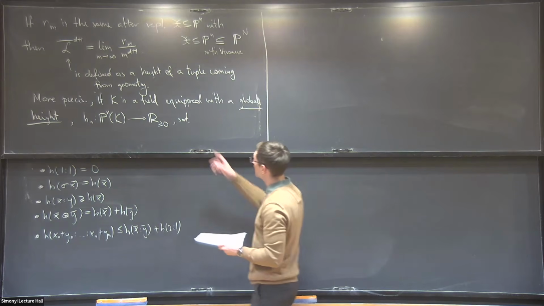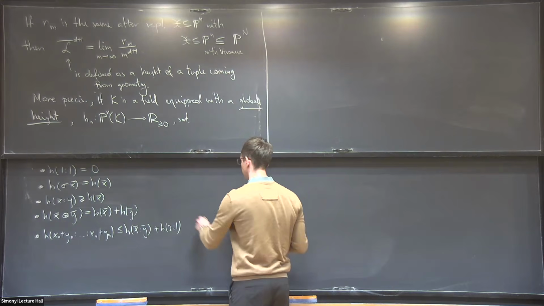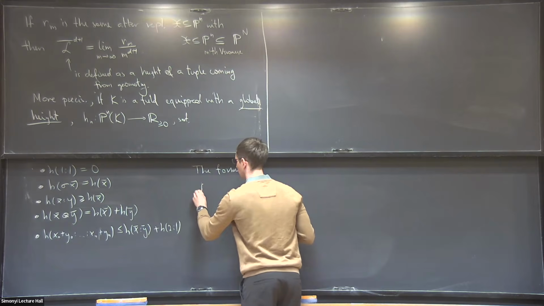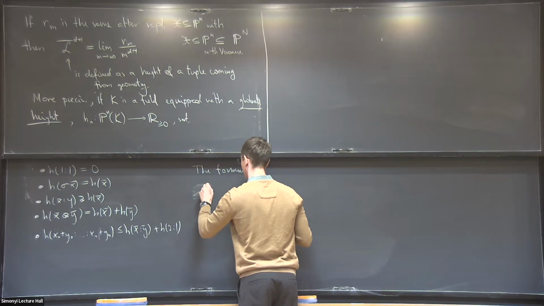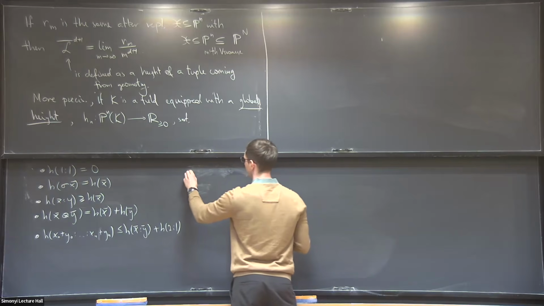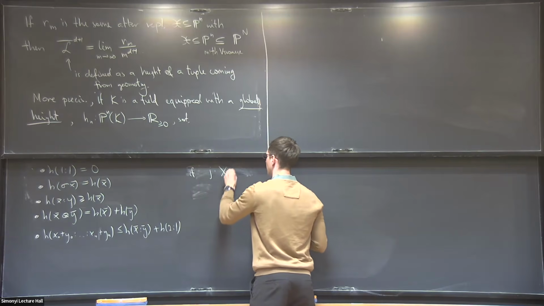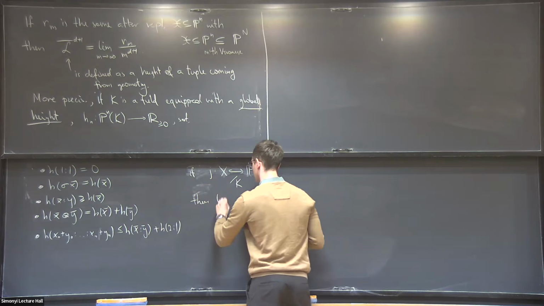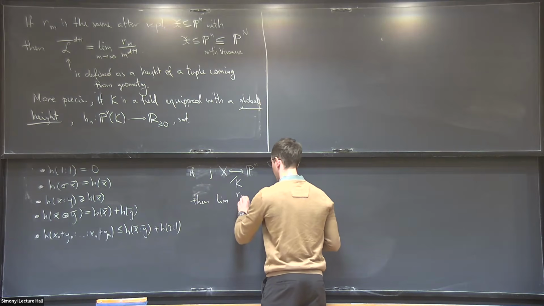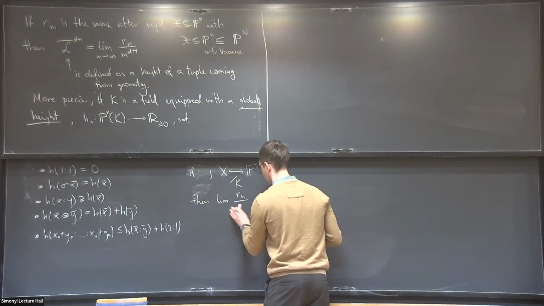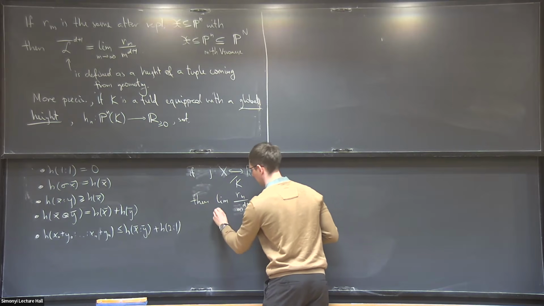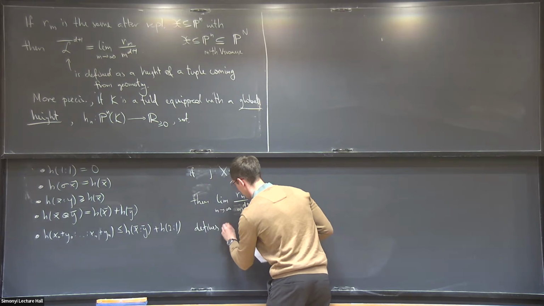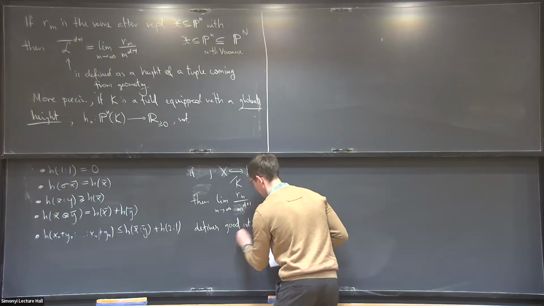More precisely, if K is a field equipped with such data, and I have an embedding of a variety over my field into a projective space, then this limit of R_m divided by m^(d+1) defines a good intersection product.